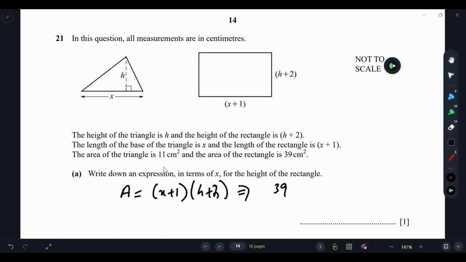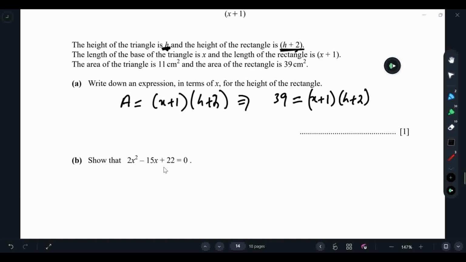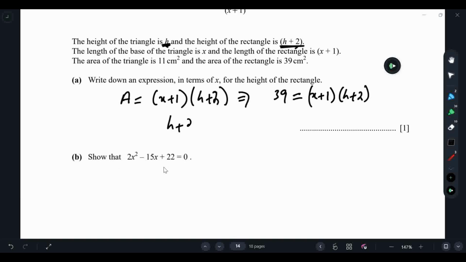So 39 is equal to x plus 1 multiplied by h plus 2. Now we know that the height of the rectangle is denoted by h plus 2. So h plus 2 is equal to 39 divided by x plus 1, because x plus 1 is multiplying on the right side, so if we shift it to the denominator of 39, the final answer will be 39 over x plus 1.